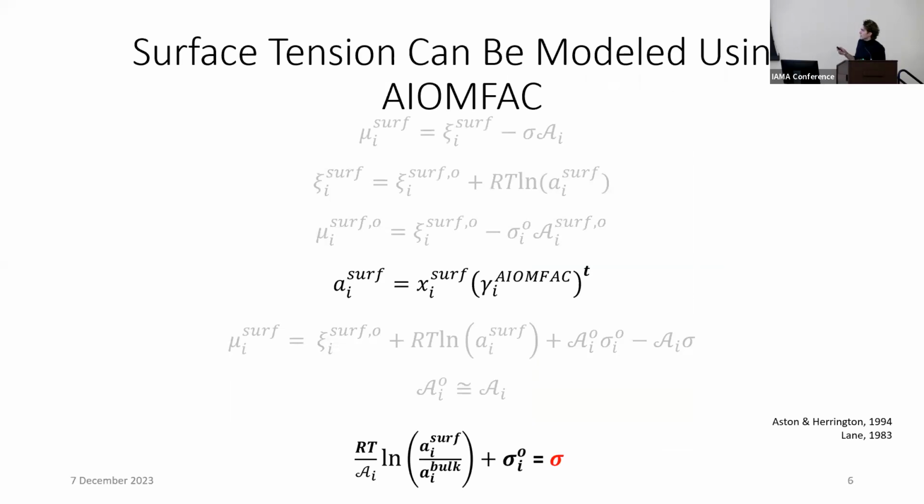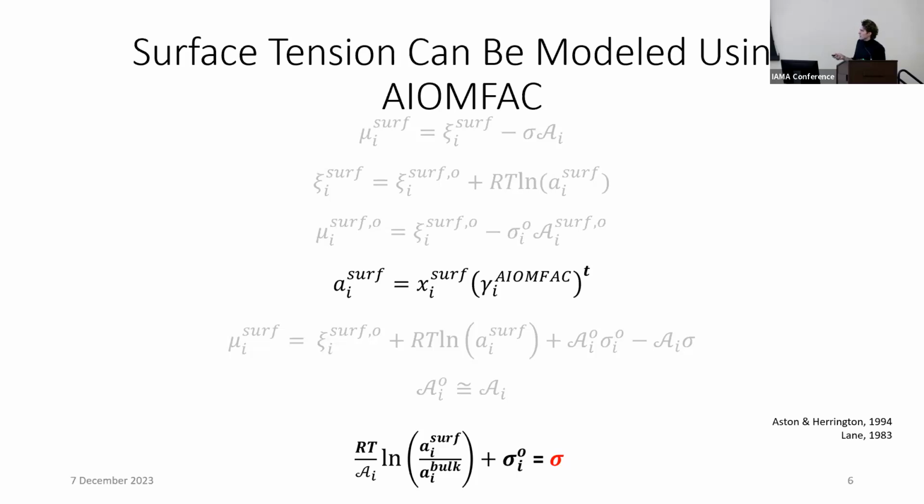Basically, if we want to calculate the chemical activity of a species in the surface, we take our mole fraction or molality concentration here and multiply it by the activity coefficient given by AIOMFAC. We added this parameter T here, which can be a secondary fitting parameter. Most of the time we just set it to 1, but there have been some studies that say this can vary from about 0.5 to 2. So there is some adjustment on surface activity coefficients.